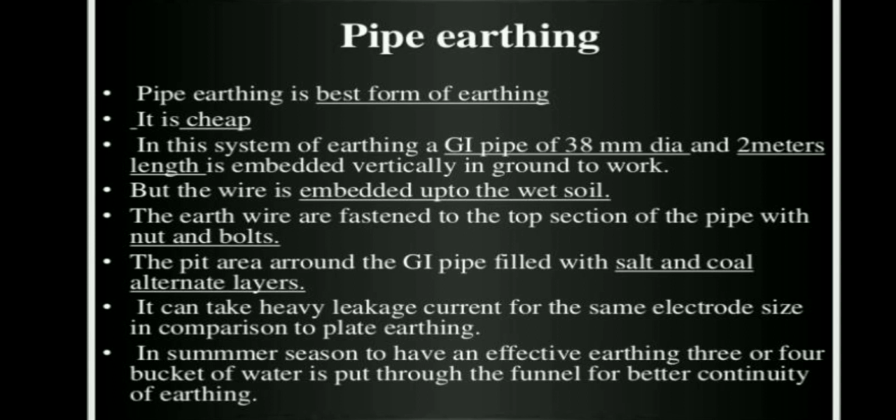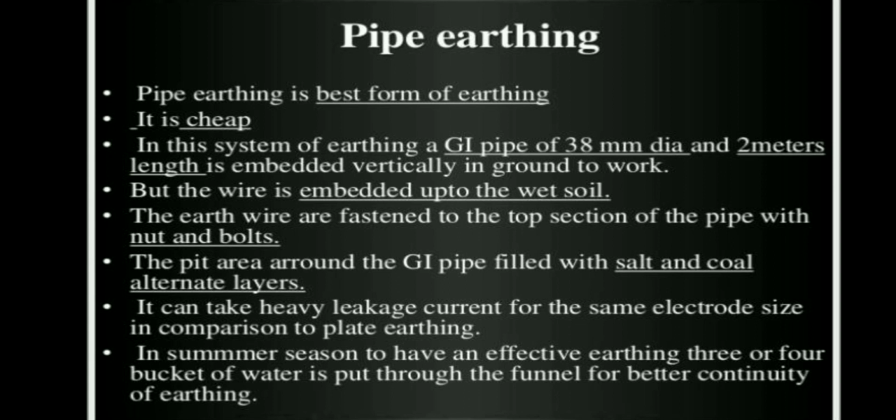The earth wire is fastened to the top section of the pipe with nuts and bolts. The pit area around the GI pipe is filled with salt and coal in alternate layers. It can take heavy leakage current from the same electrode size in comparison to plate earthing.